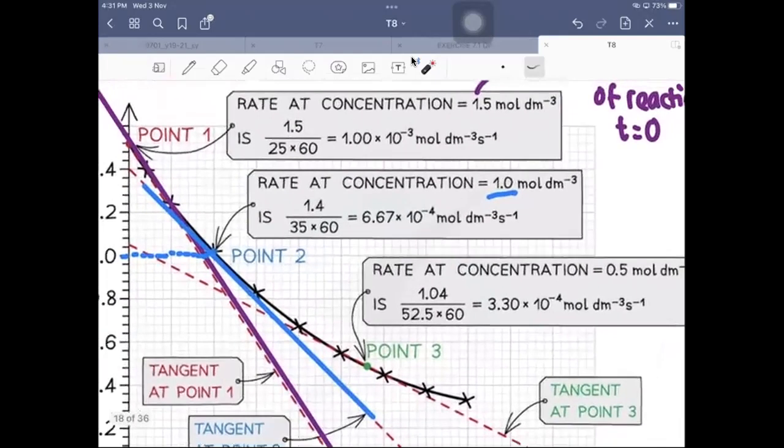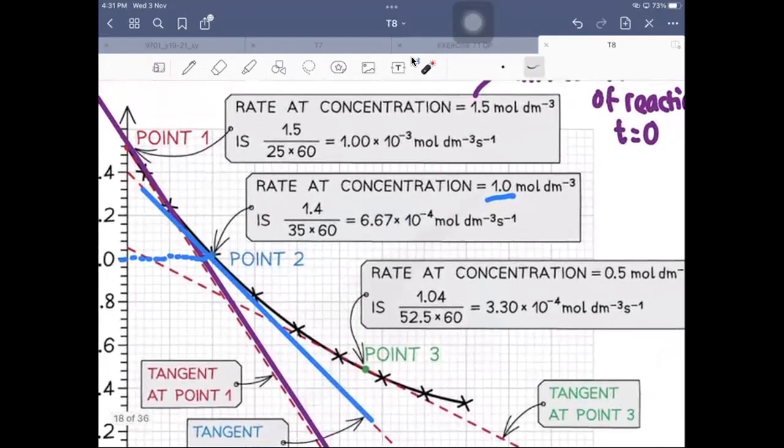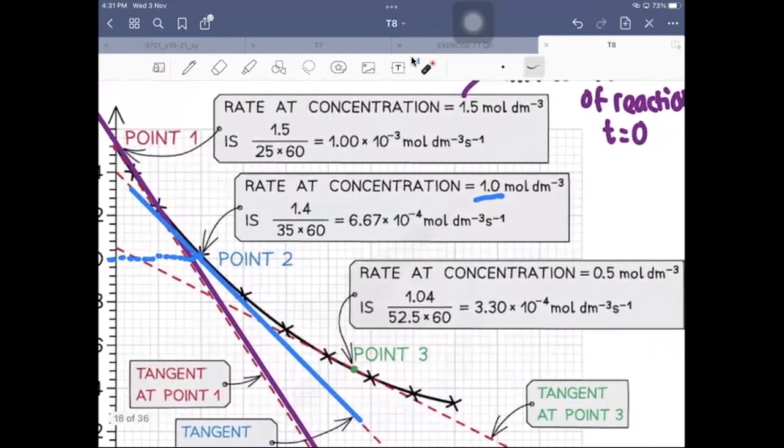If that doesn't convince you, look at the numbers. At the start of the reaction, your rate is 1 times 10 to the power of -3. Then it decreases to 6.67 times 10 to the power of -4, and even further to 3.3 times 10 to the power of -4. That means the rate of reaction decreases over time.